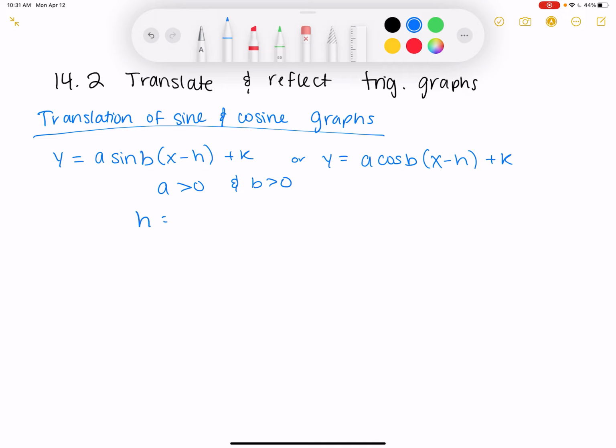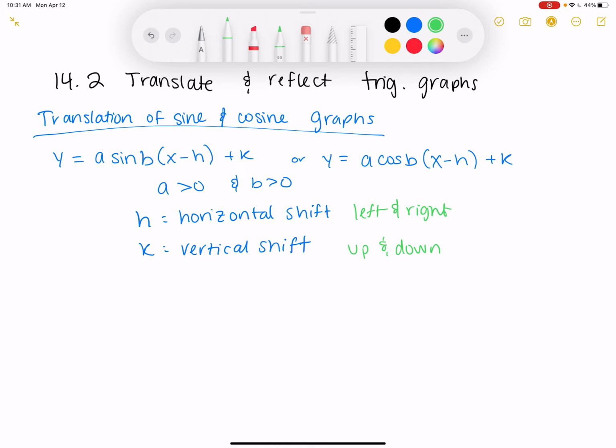H is for our horizontal shift. K is our vertical shift. K is up and down. H is left and right.